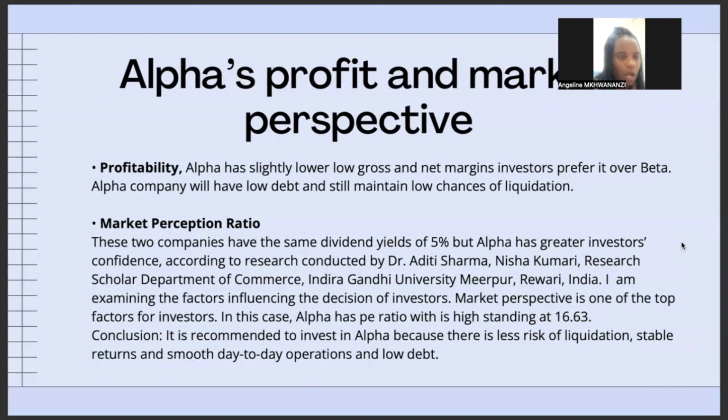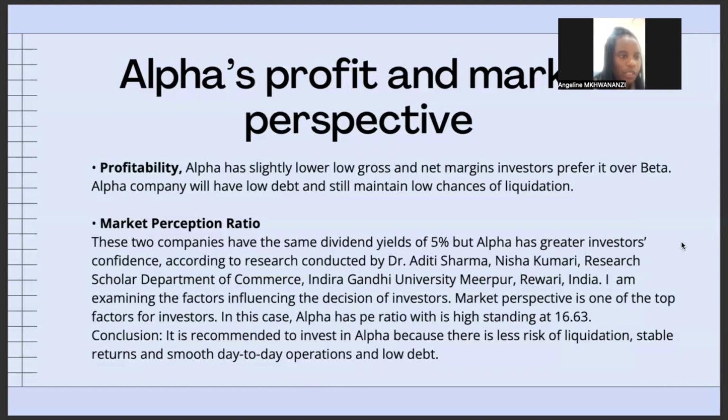Still, I wouldn't put Beta for recommendations for investment because I look at the other market perception, like some companies have dividend yields of 5%, but Alpha will still have higher investor confidence because it has less risk of liquidation, which stands on the ratio.